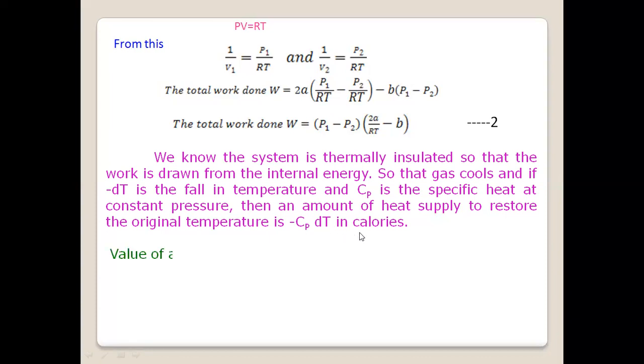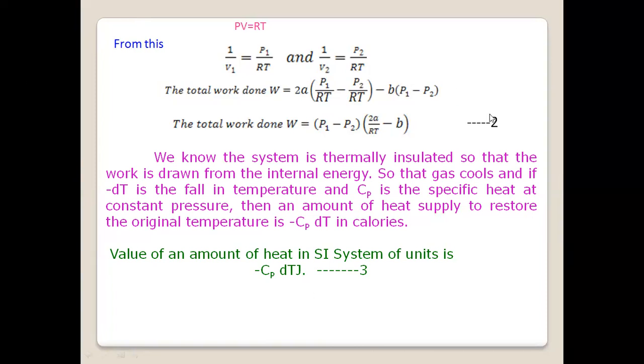In the SI system of units, it is multiplied by the Joule constant J. Then the total heat supplied to restore the original temperature is minus Cp dT into J, where J is the Joule constant, whose value is, we know, 4.12 joule per calorie.